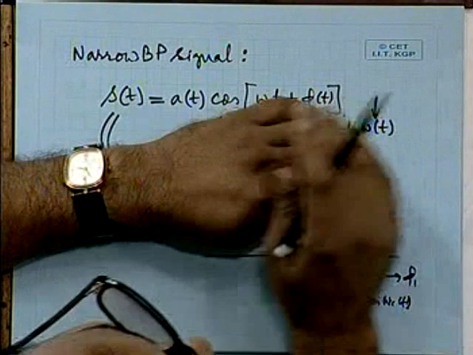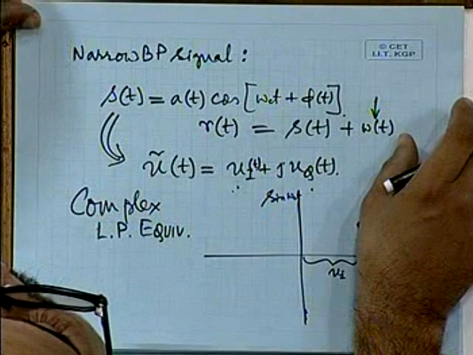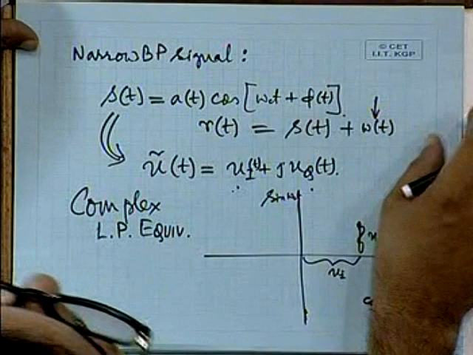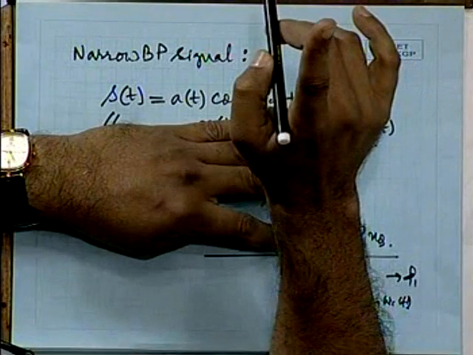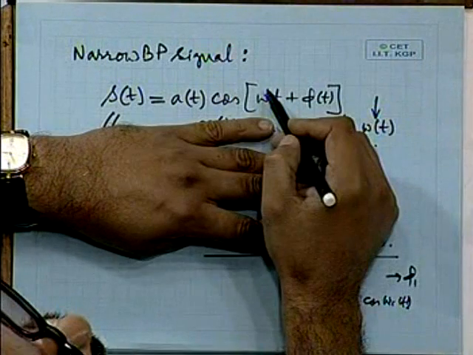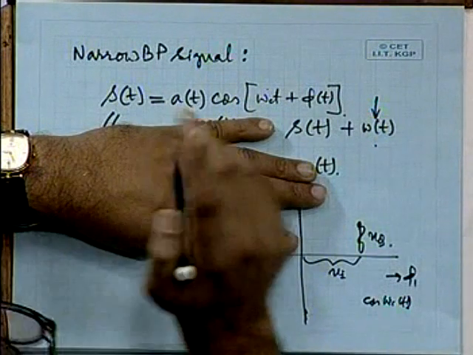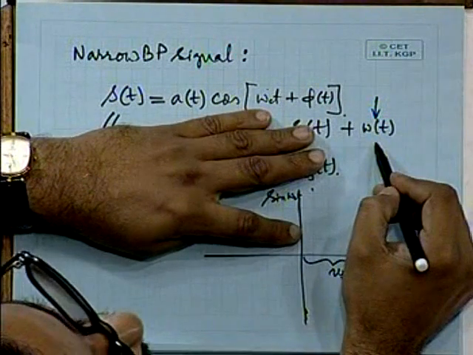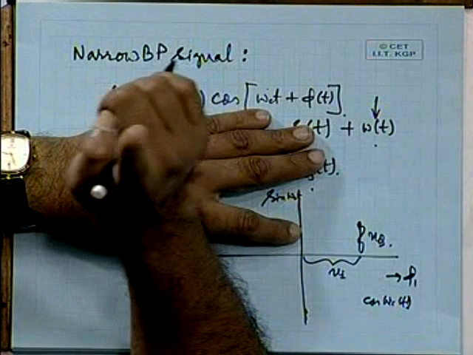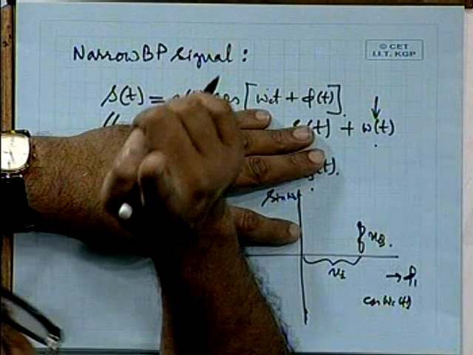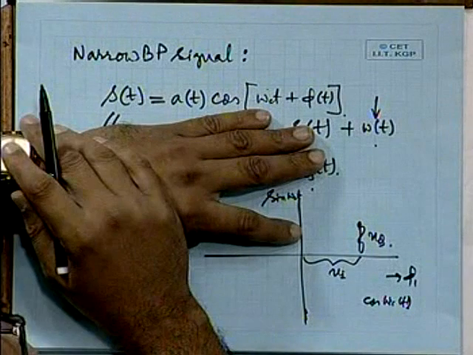and if w t is a narrowband process, I can make an attempt. I guess this was covered in your earlier analog communication course, that this narrowband noise process can also be expressed in this form. If I am using a carrier cos omega ct and sin omega ct for my signal, I can visualize that this narrowband noise process is also centered around cos omega ct and sin omega ct and centered around the frequency of fc.